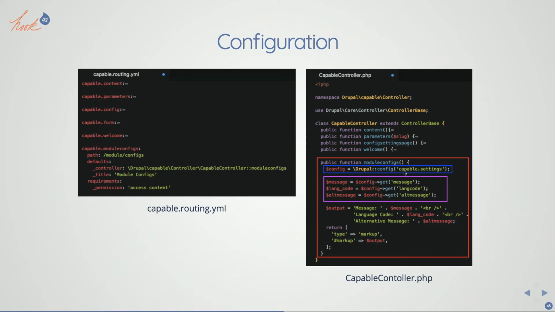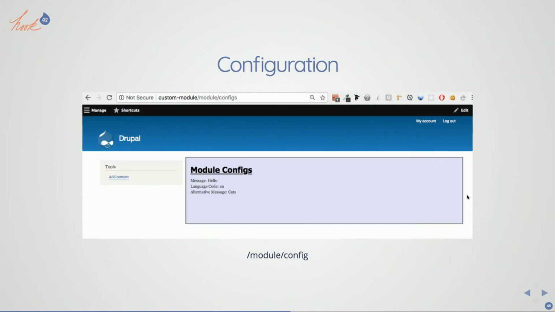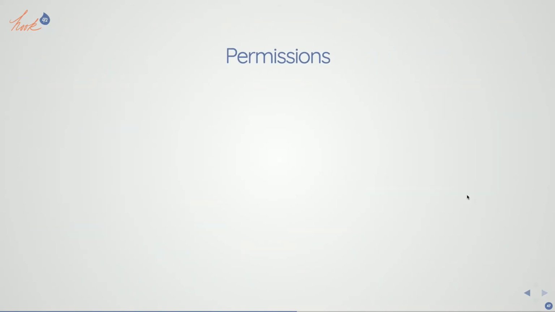That's the name of our configuration, and we're pulling in the name of the labels, and then we're going to output it into some markup. So it's pretty simple. It's not super fancy, but it's just making sure everything's talking to everything. And then there we have our page where we are reading the configs that we have uploaded from our module into the database.